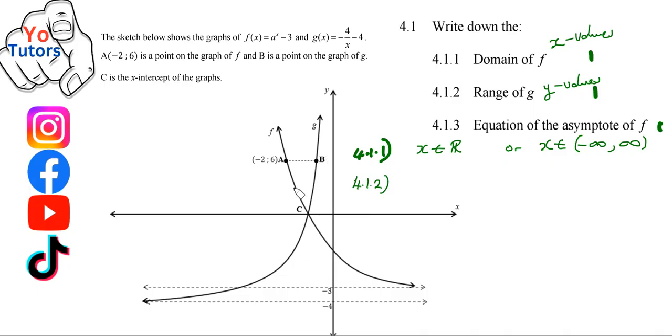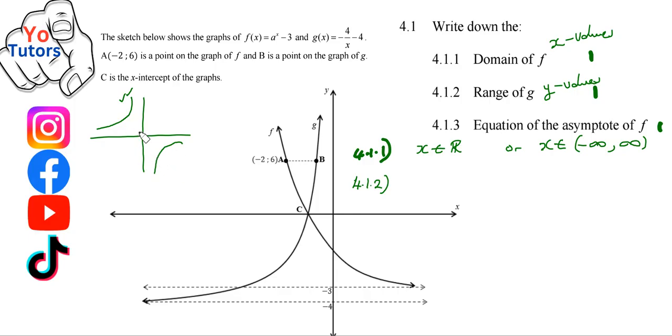Now, I think you know that because of this negative that you see here, we expect the graph to be in the second quadrant and fourth quadrant. But in this case, we are only given one part of the graph, not this other part. So remember, you are not going to give the range of the part that is not there.